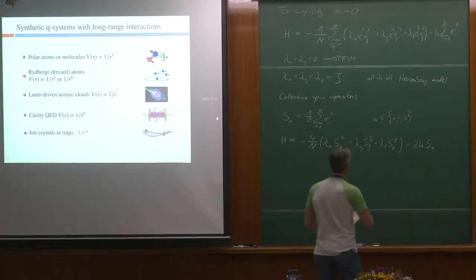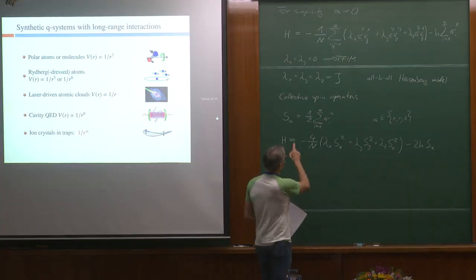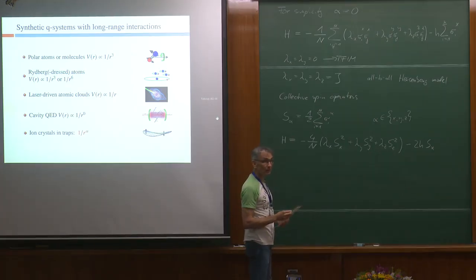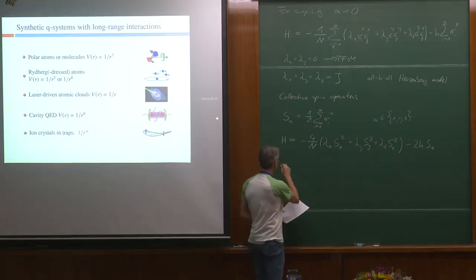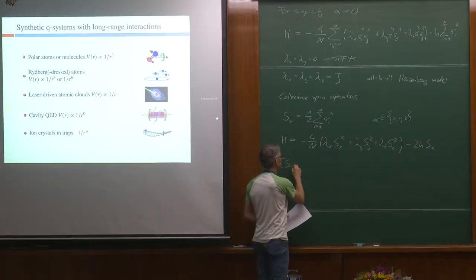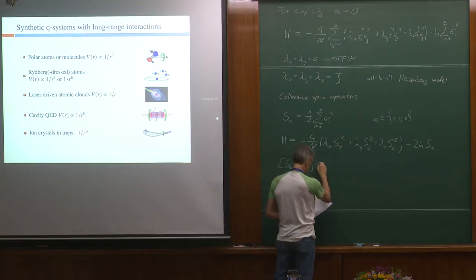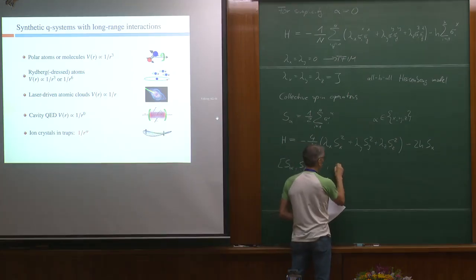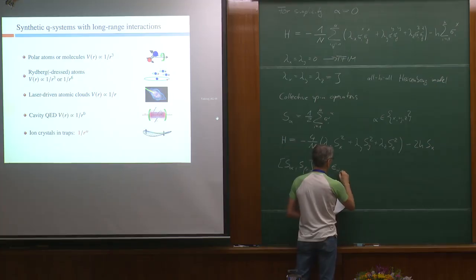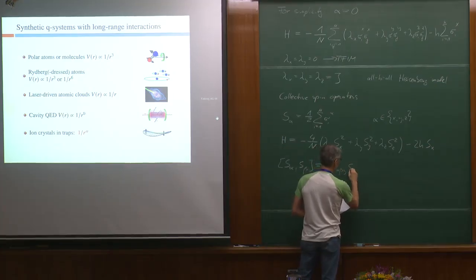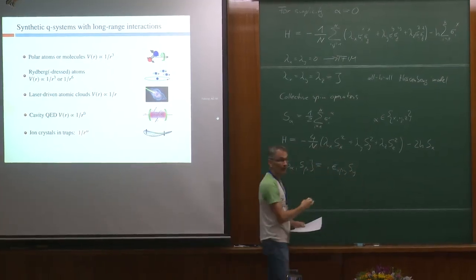Right, and now the important point is that these collective spin operators deserve their names. By this I mean that if I write down the commutation relations of, say, S alpha and S beta, I get i times the complete antisymmetric tensor epsilon alpha beta gamma S gamma, so I get a spin algebra.